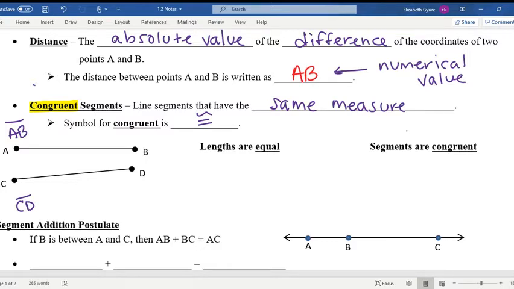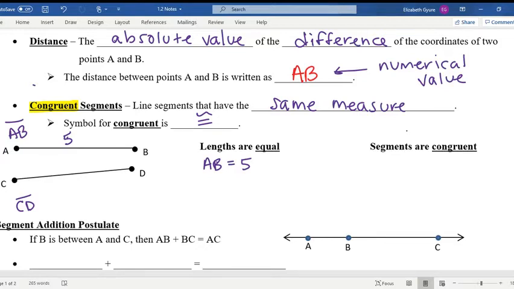Let's say I told you that the measure of AB was 5 units, whatever that is, 5 miles, 5 inches, 5 feet. Using our notation that we learned up at the top, that means the numerical value of segment AB is 5, that's its measure. So I could say the measure of AB equals 5.